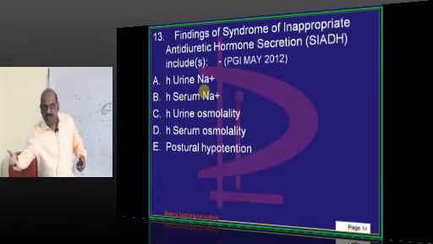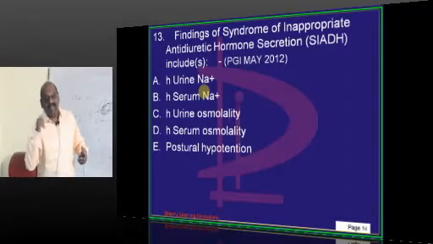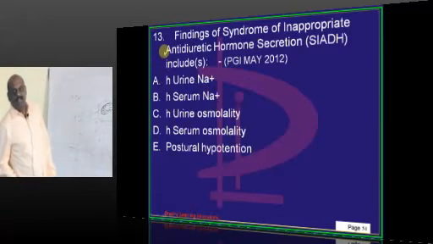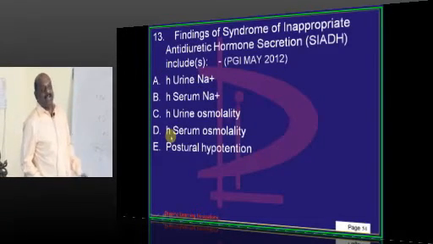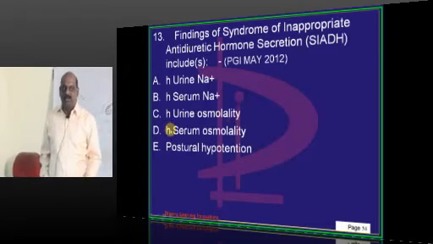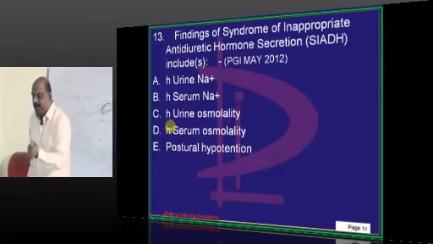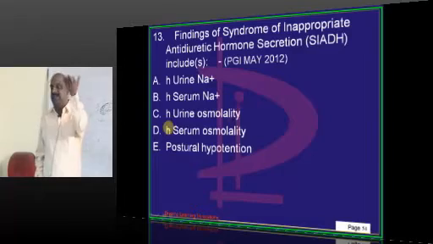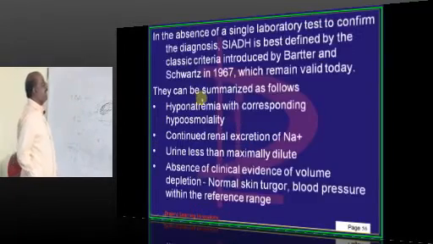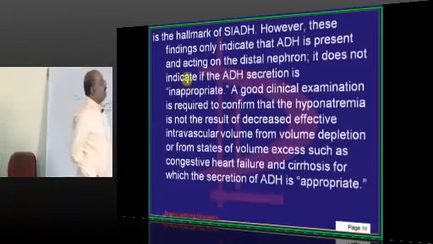So how will be urinary sodium? Increased. So urinary sodium typically is increased, serum sodium is typically decreased, and since water is retained, serum osmolarity is low. Since water is not going into urine, urine osmolarity is high. So that combination is called SIADH, is what you need to remember.